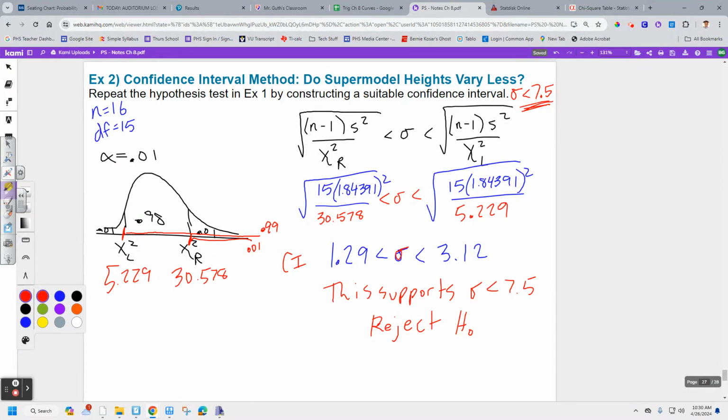We're going to reject that. And so if we reject that, we got the same conclusion as example 1a and 1b, which was there is sufficient evidence to support the claim that the heights of the supermodels vary less than the heights of women in the population.